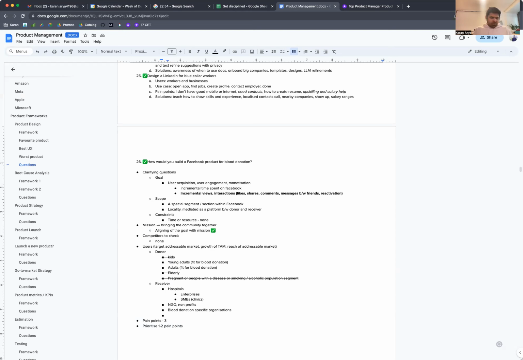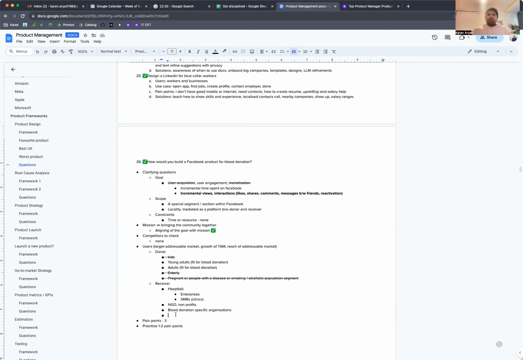Okay. Well, there are also intermediaries. For example, I have known a situation where a school is organizing a blood donation camp, but the receiver is probably still a hospital, and the school is more like an intermediary entity between the donor and the receiver.